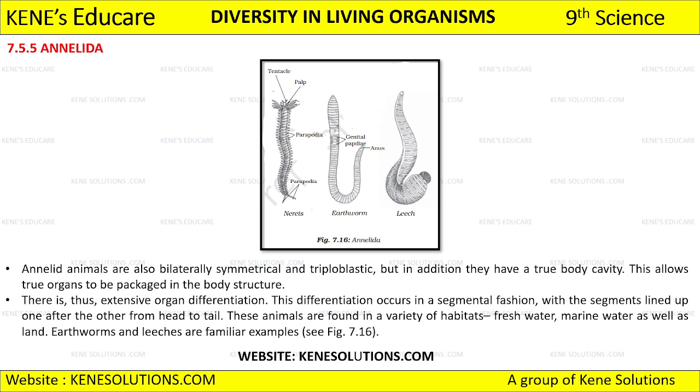So if you can see, all three examples that have been given, Nereis, earthworm and leech, all of them have a segmented body, right? So they have segments which are lined up one after the other from head to tail. And these animals are found in a variety of habitats, like fresh water, marine water and on land as well. Earthworms and leeches are familiar examples of organisms included under annelids. So I want each one of you to please go through it quickly.